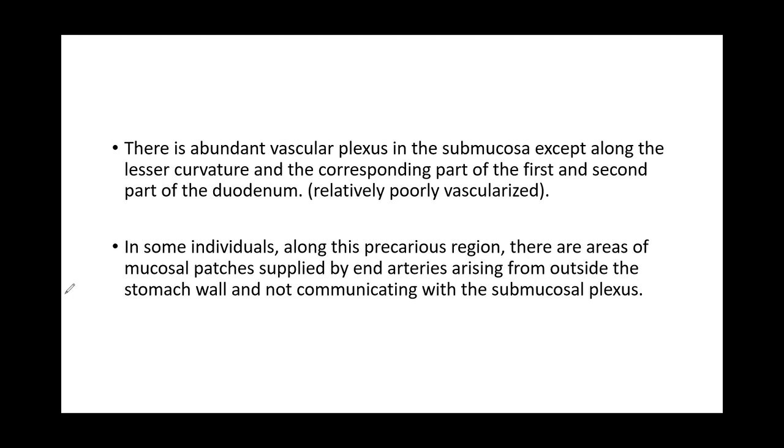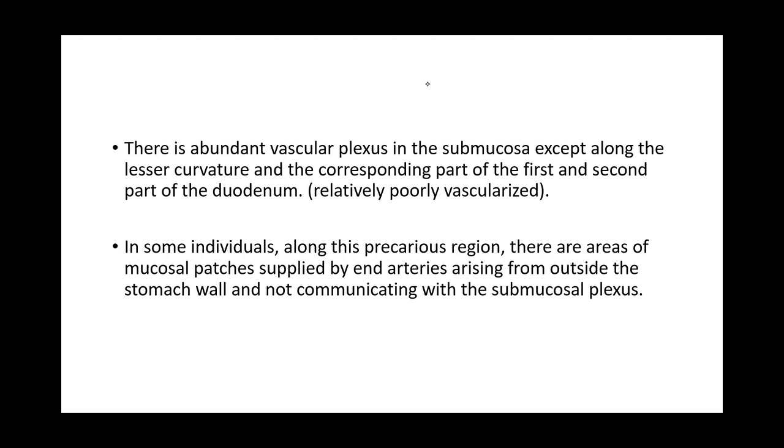What you need to understand in the relevant anatomy is why these parts of the stomach and the duodenum are prone to peptic ulceration: it is because of the precarious nature of this region. What are we talking about?